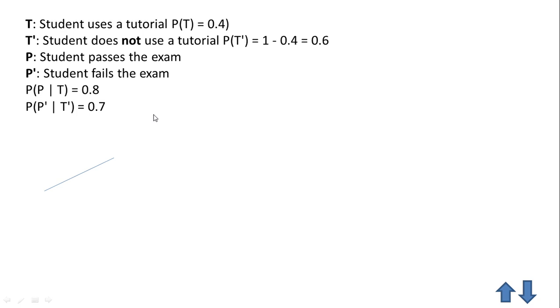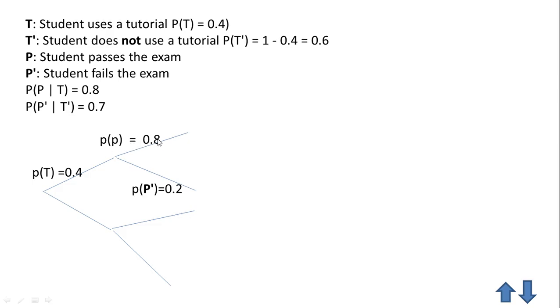So we can draw our probability tree. Probability of using a tutorial is 0.4. Then the probability of passing when he has used the tutorial, this is the branch, is 0.8.